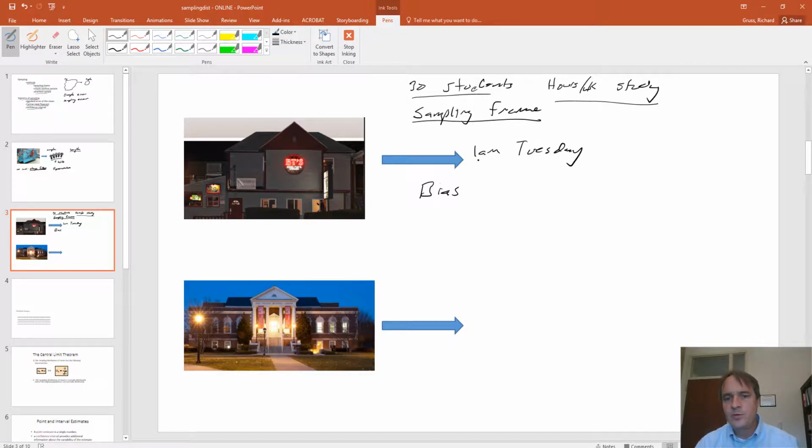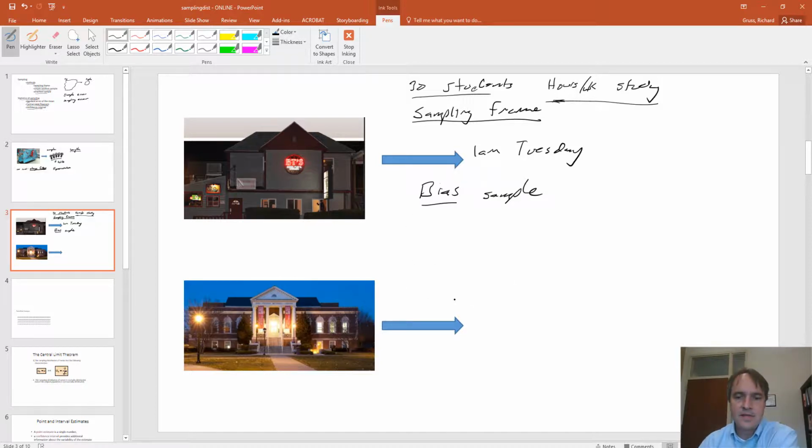If you are at BTs at 1 a.m. on a Tuesday, this might indicate certain habits. So there's going to be some bias in that sample. You may not really represent the population of Radford students if you're there, in terms of the hours a week of study.